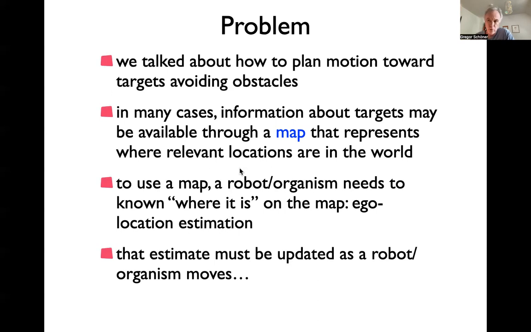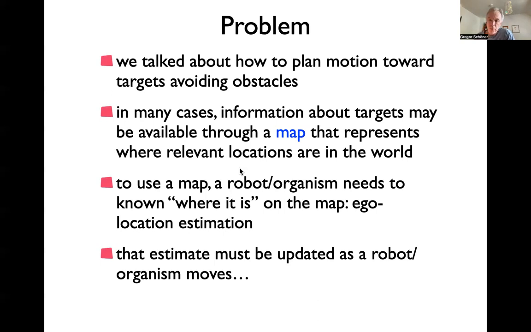As a human, for instance, you can rotate on the spot. To know and to use the map, you have to know both the position and the orientation. And then as you move somewhere, you have to be able to update that position on the map, right?